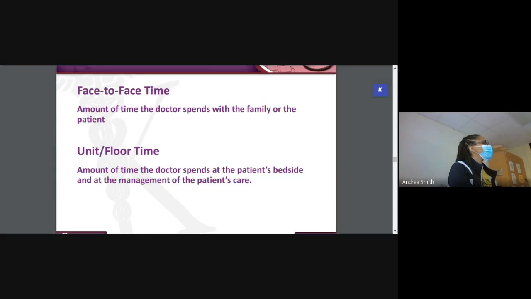Okay, so I think the next couple of slides, these look like definitions. They won't make sense to you until you have to actually code it.